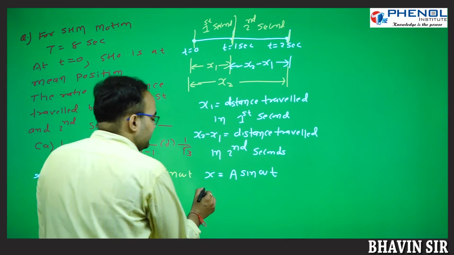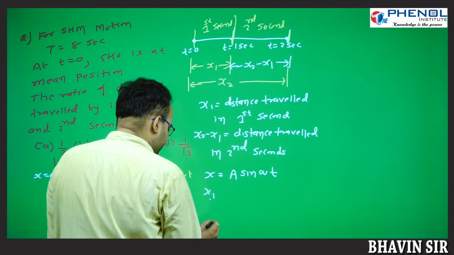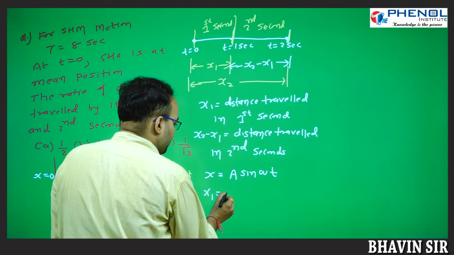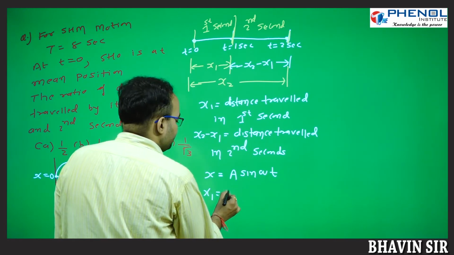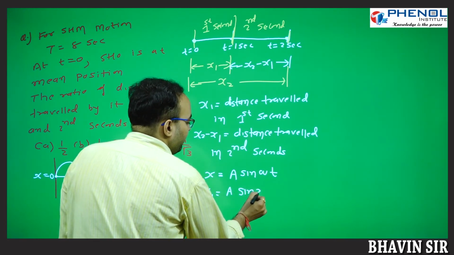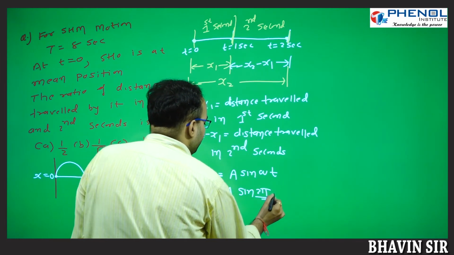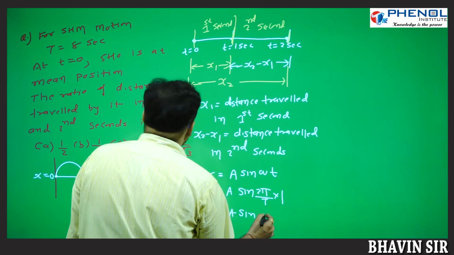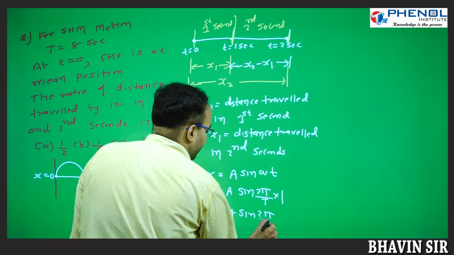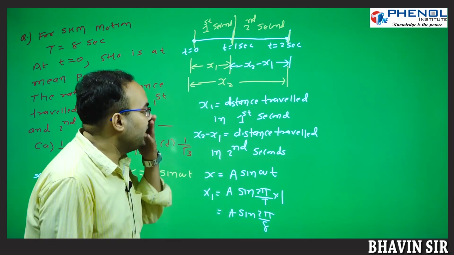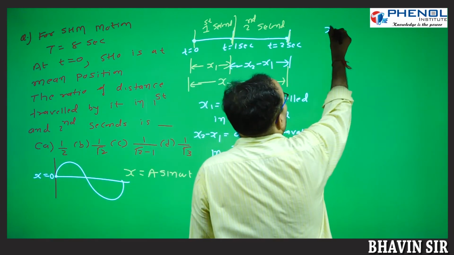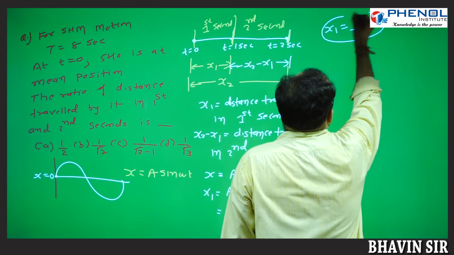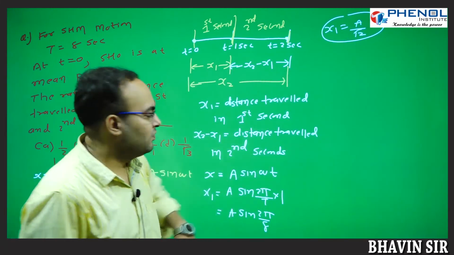First x1: a is the amplitude, omega means 2 pi by T. What is time? 1 second. What is the time period? 8 seconds. So 2 pi by 8 means pi by 4, and sin pi by 4 is 1 by root 2. So we get x1. Now find x2.